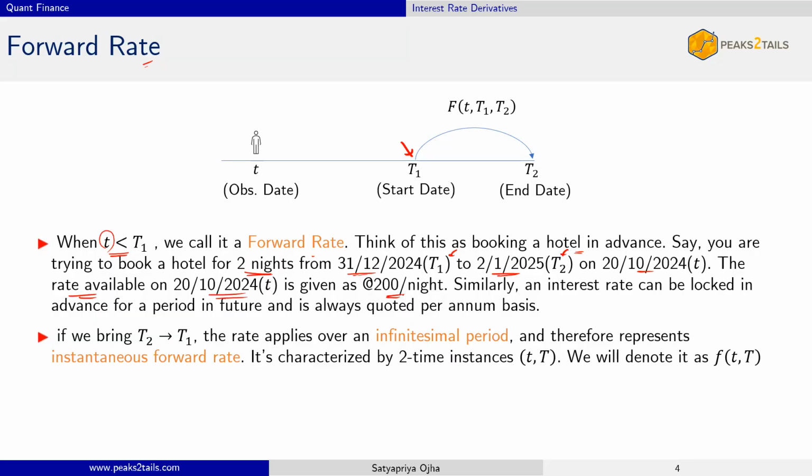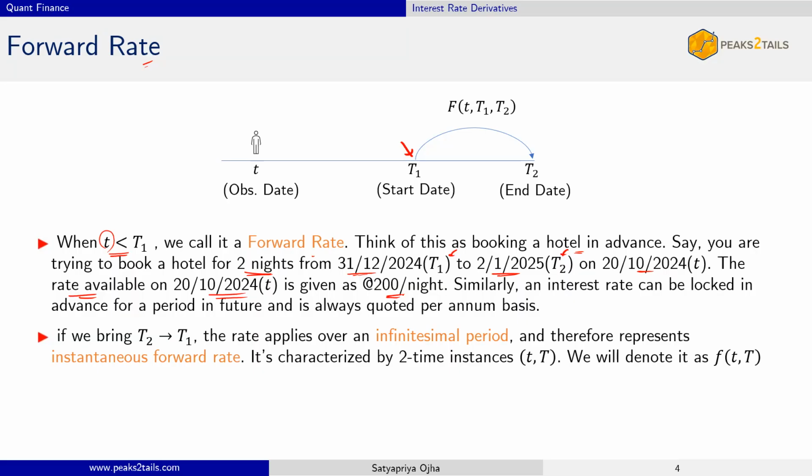Interest rates work in exactly a similar way. So this is a forward rate, because the period for which the rate applies is in the future and you're trying to book in advance. You got the idea of small t, capital T1, capital T2.